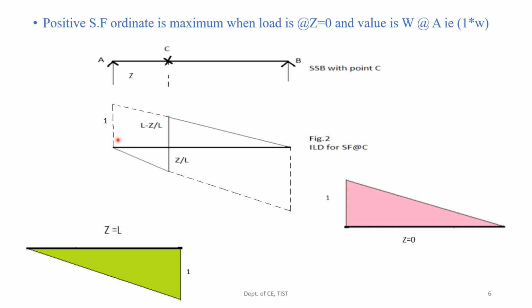So the value is the ordinate multiplied by the load, that is 1 into W, equal to W at the point A. This is a figure for the maximum positive shear force, and this is a figure for the maximum negative shear force, that is when Z is equal to L, and that is when Z is equal to 0.